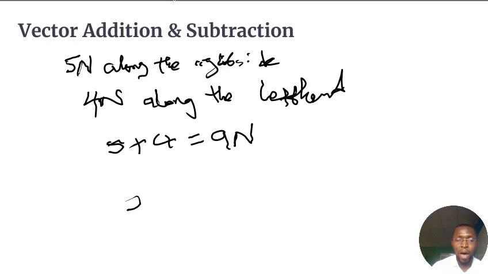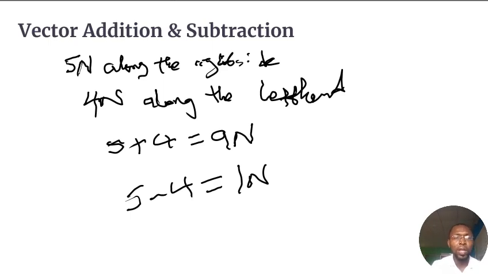That will be 5 minus 4, and that will give us 1 Newton. So whenever vectors are in the opposite direction, you subtract. Whenever they are in the same direction, you add. That is the principle of vector addition and subtraction. You add when they are in the same direction, and you subtract when they are in the opposite direction.